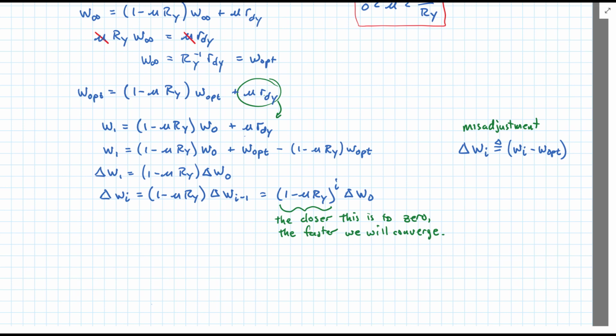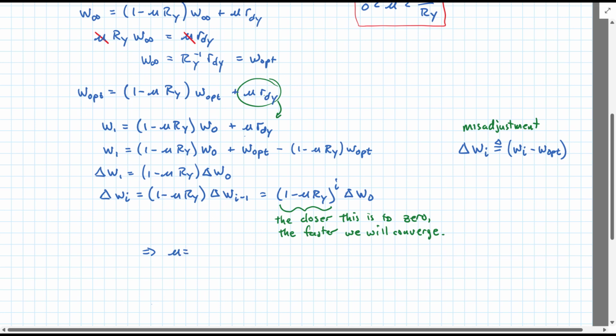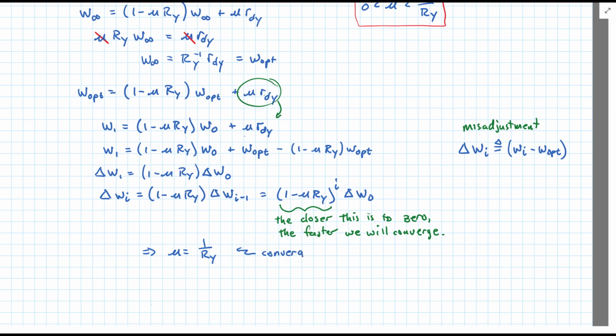With that in mind, we can pick the optimal value for mu, and that mu equals 1 over Ry gives us convergence in a single step.